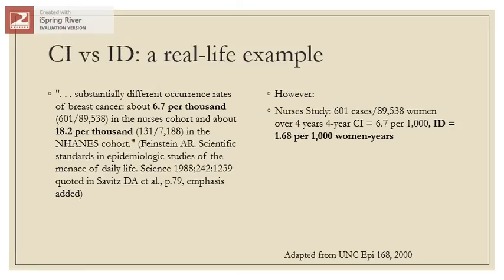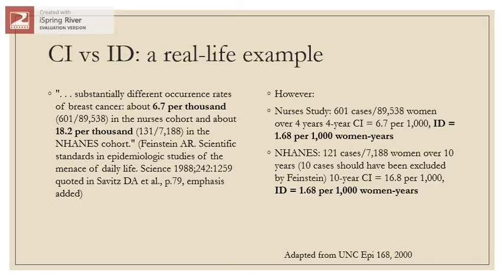If you calculate the incidence density, which you don't really need to know how to do mathematically, that's not the point, but if you calculate the incidence density where you account for exposure time, you come out to 1.68 cases per 1,000 women-years. So it's the number of years women were exposed, not just the number of women exposed. If you do the same calculation for the NHANES study, which had a 10-year follow-up, you come out to 1.68 per 1,000 women-years.